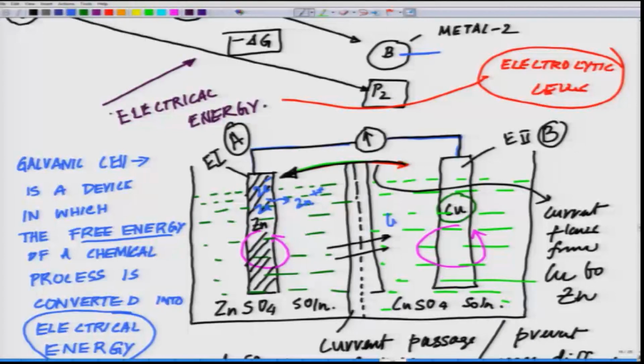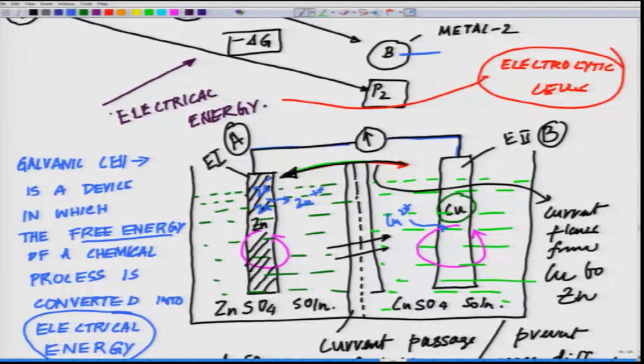Whereas with copper, you have Cu2+, which has a tendency to accept electrons very fast. In order to accept electrons, it will move out here, and it will need electrons. From where is it going to get them? This part is very important.